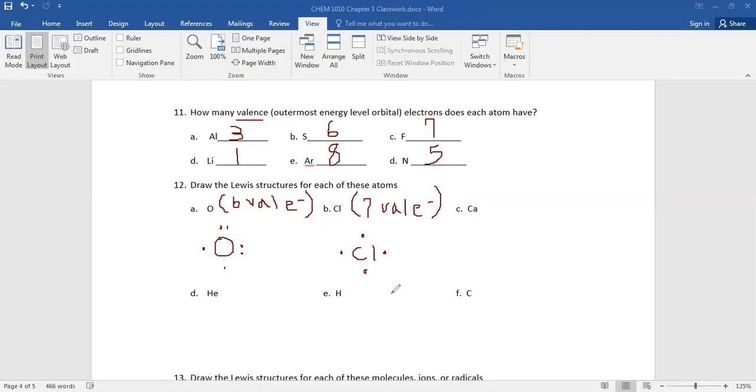So there's 4, but I need 7, so I'll start adding additional electrons by pairing the additional electrons up with the one that's already there. So now I've got 2, 4, 6, 7. Calcium is in group 2A, so it only has 2 valence electrons.